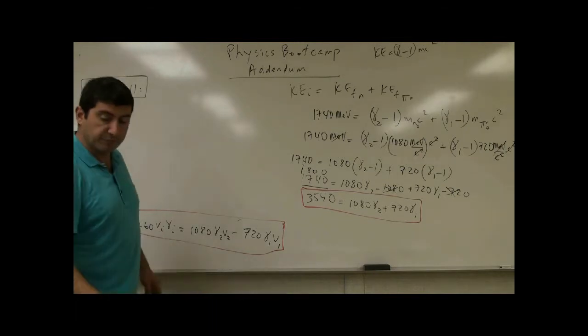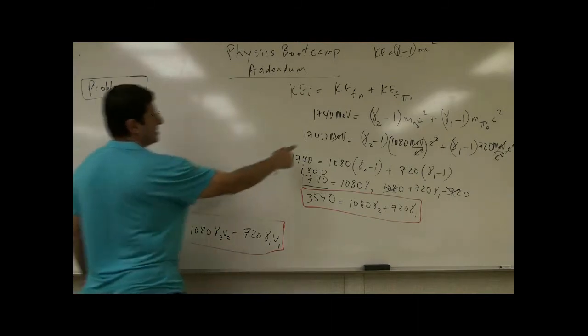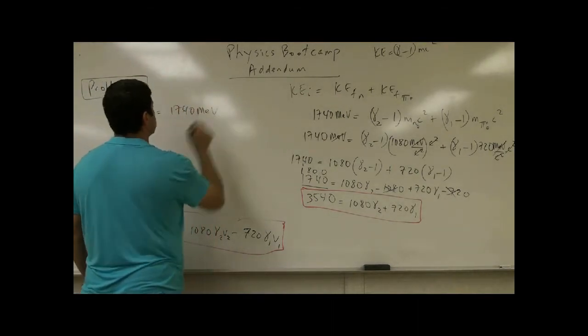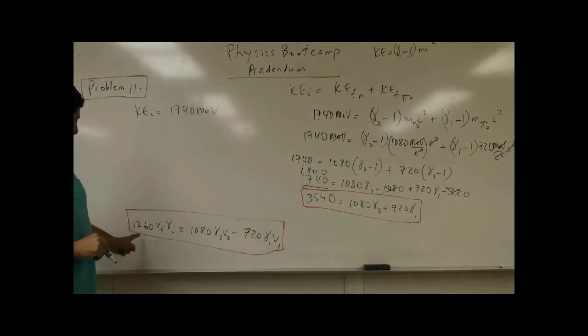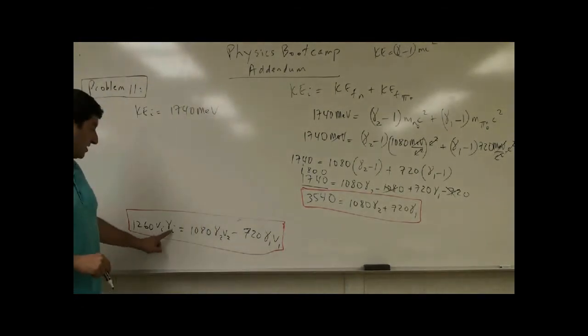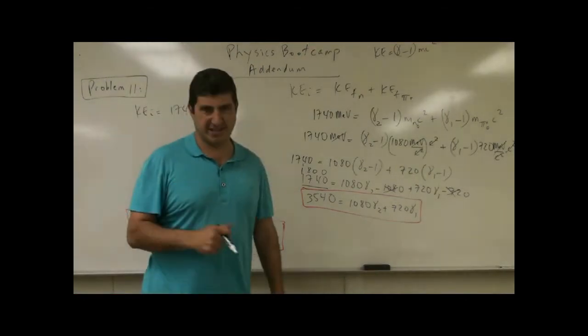The only thing the problem gave us is the initial kinetic energy was 1740 mega electron volts. So we don't know what its initial velocity is. Therefore, the question is, do we need to find out what the V initial and gamma initial are, or is there a shorter way? The answer is there is.